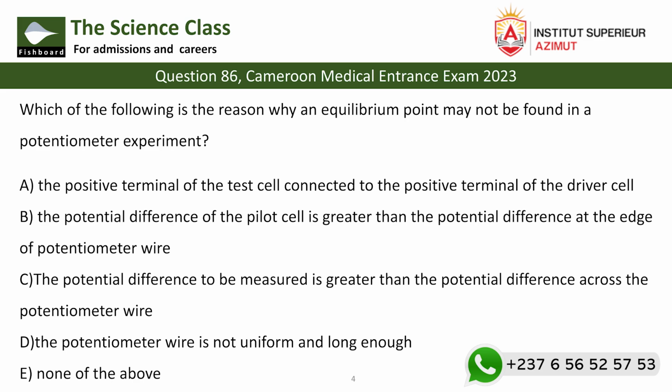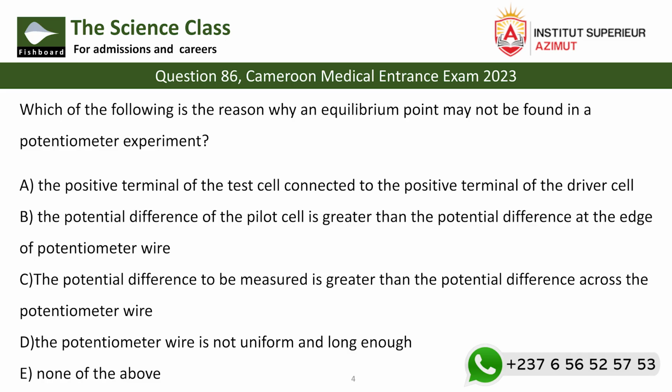B. The potential difference of the pilot cell is greater than the potential difference at the edge of the potentiometer wire. Now, here the problem is the English. I just want to believe that this was intended, because you can't have the potential difference at a point.